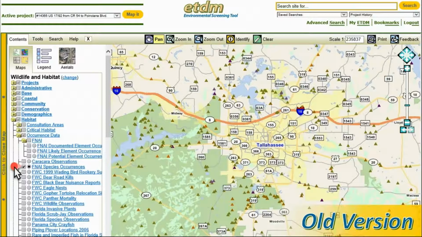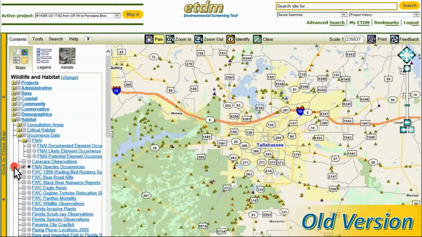To demonstrate the changes, this slide shows what the old data layer looked like in the EST. In ETDM, the old version of the data layer displayed occurrence data as points across the region. The different colors corresponded to their listing status, like federally endangered or state threatened.